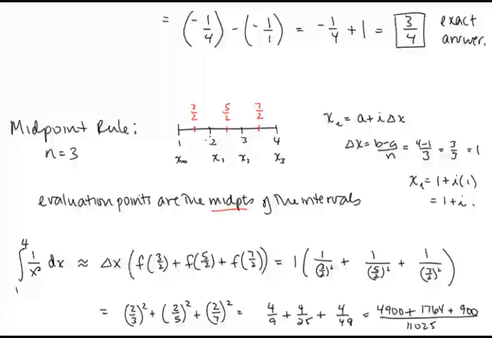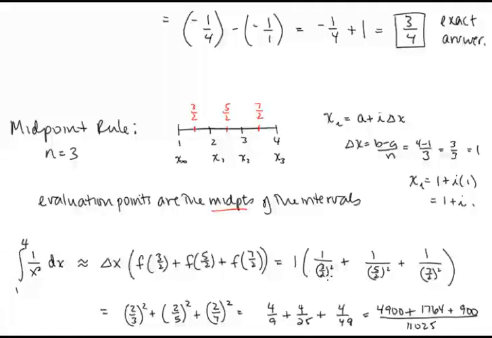So between 1 and 2 we have 3 halves. Between 2 and 3 we have 5 halves. Between 3 and 4 we have 7 halves. And so our midpoint rule approximation looks like this. We have delta x multiplied by the sum of f, our function evaluated at those midpoints. So delta x is equal to 1, so we have a 1 outside, and then we're plugging 3 halves into the function.